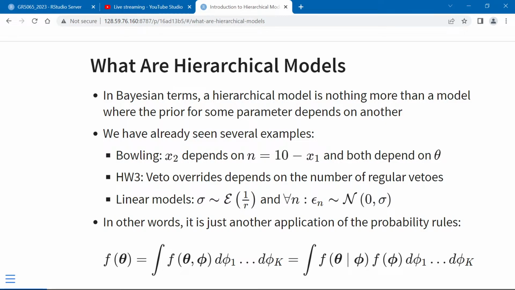But even when we were doing linear models, we did things with the generative model, like sigma is drawn from an exponential distribution with rate 1 over r, or that should be just r, expectation 1 over r.